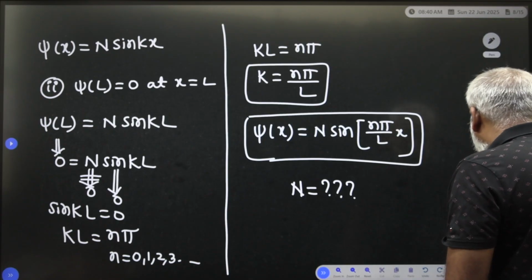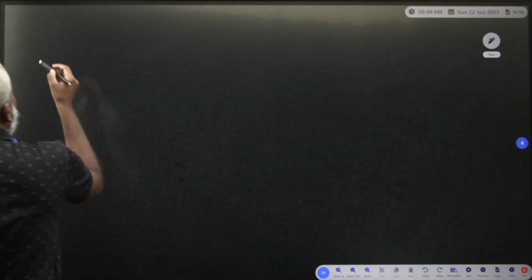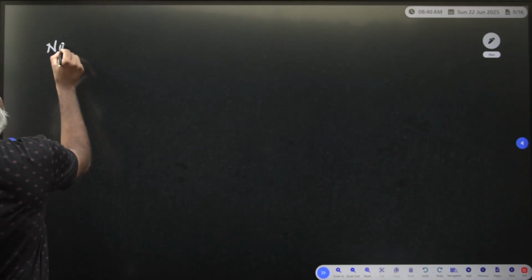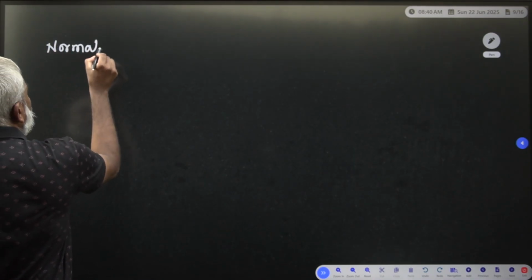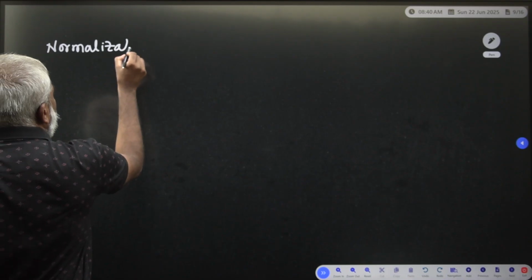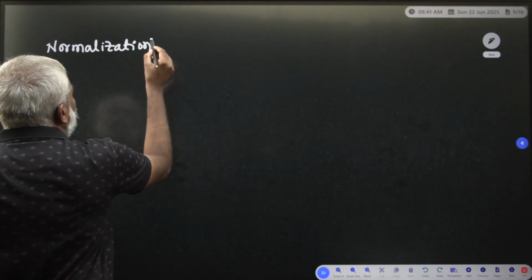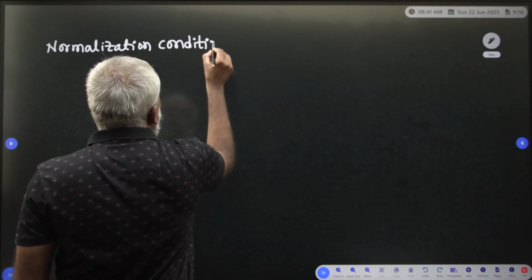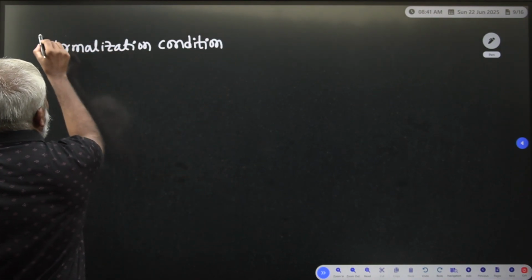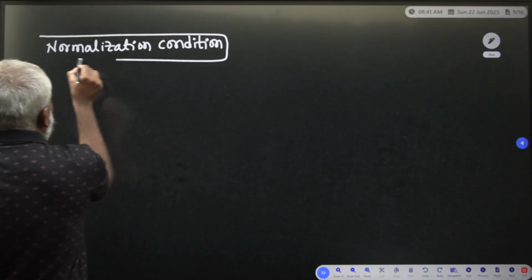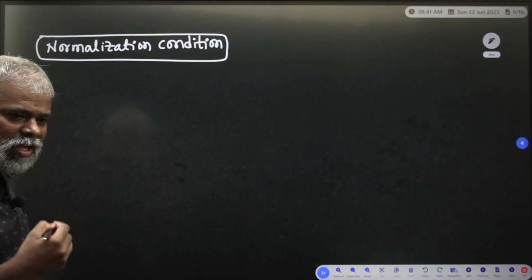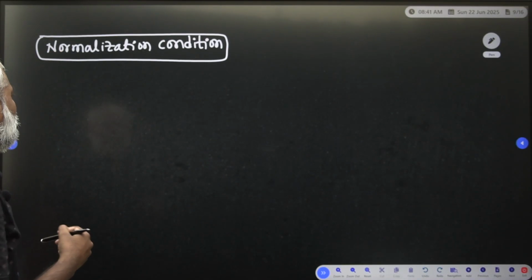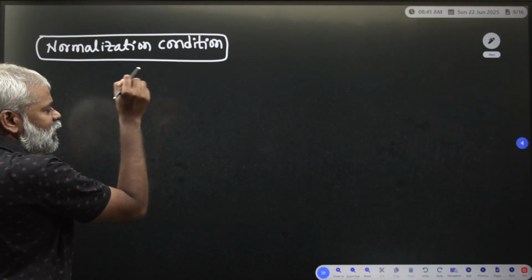For calculating the N value, we have to use the normalization condition. You use the normalization condition for finding the N value.